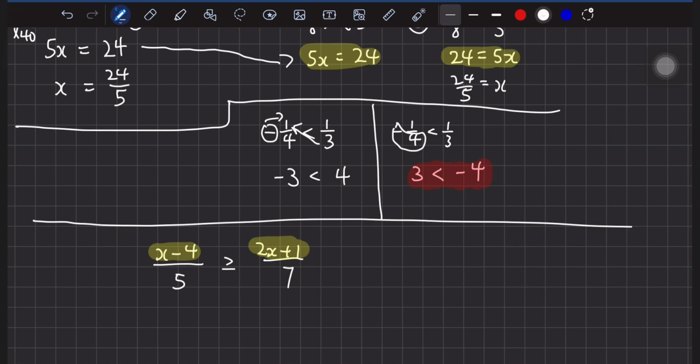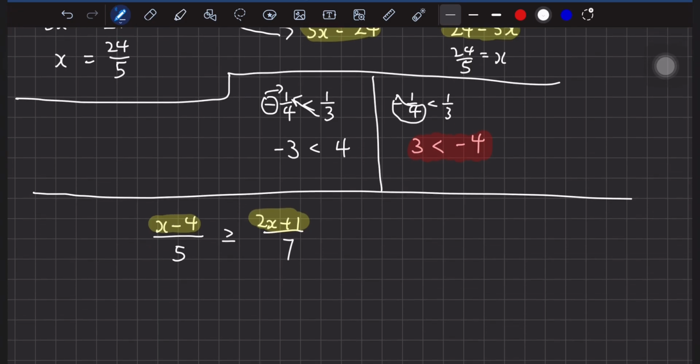What does this mean? It means that my x minus 4 must always be on the left. So when we cross multiply, it will be 7 bracket x minus 4, and the 2x plus 1 will have to be on the right, 5 bracket 2x plus 1.